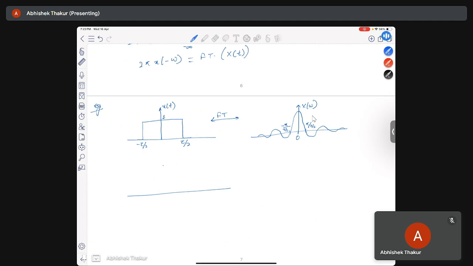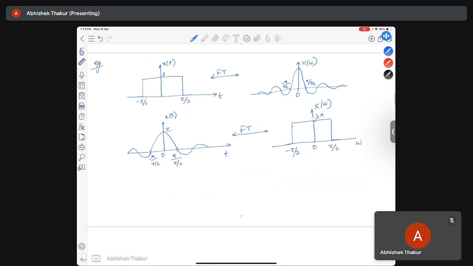Now when the sinc is in the time domain, and here it was X(ω), then the Fourier transform is given as 2π into x(−ω). So this value will become 2π.